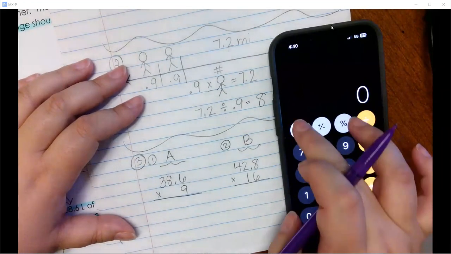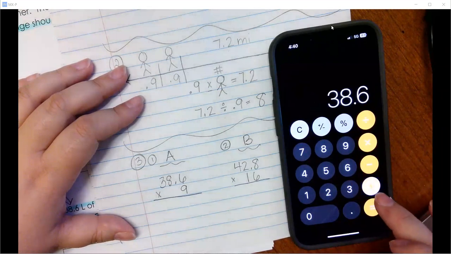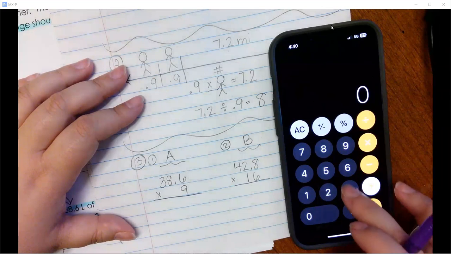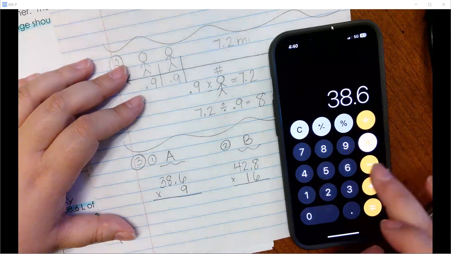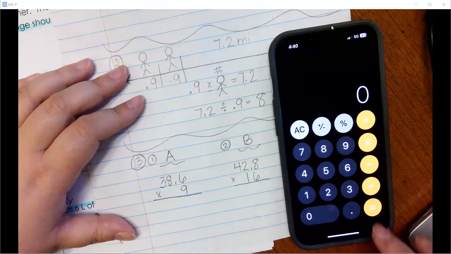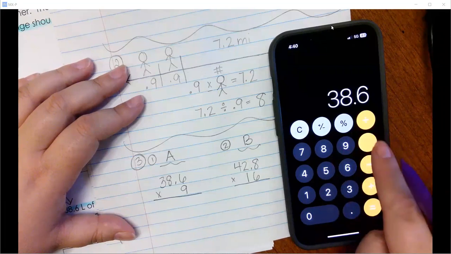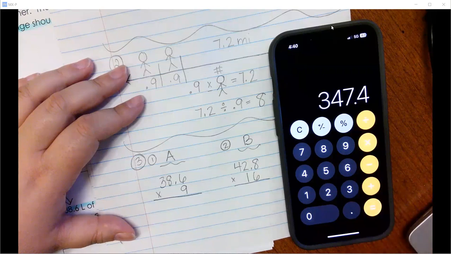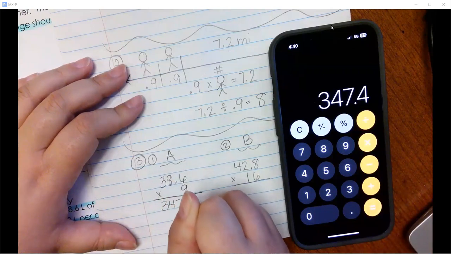38.6 plus, no, why am I adding? 38.6 times 9. Let me try that again. 38.6 times 9. That looks better: 347 4/10.